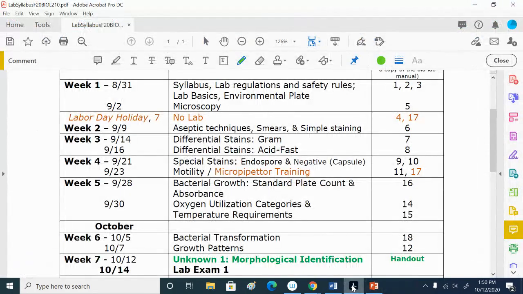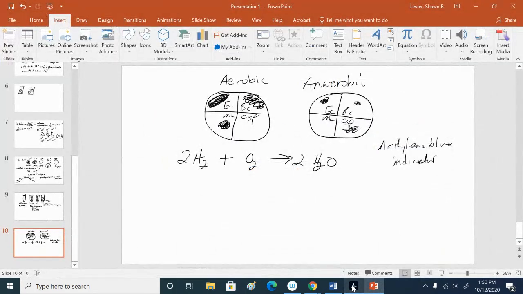And then we had temperature. Remember, we used broth tubes and we incubated the bacteria at 10, 20, 37, and 60 degrees Celsius. And we observed two characteristics, turbidity and sediment, right?